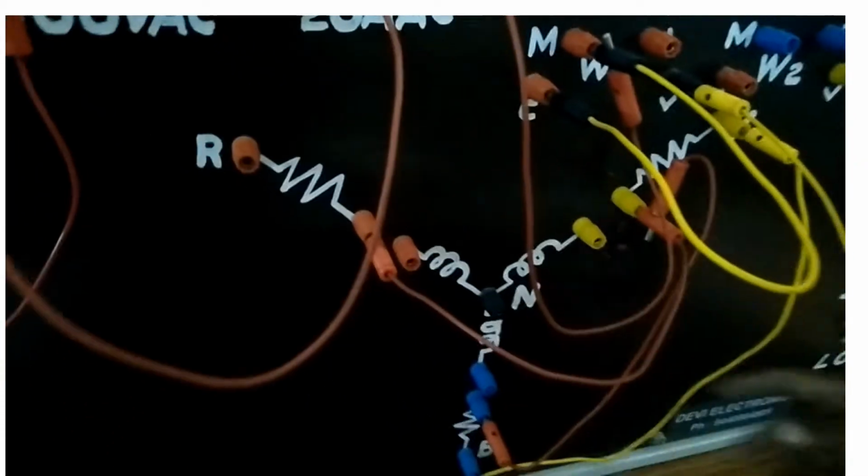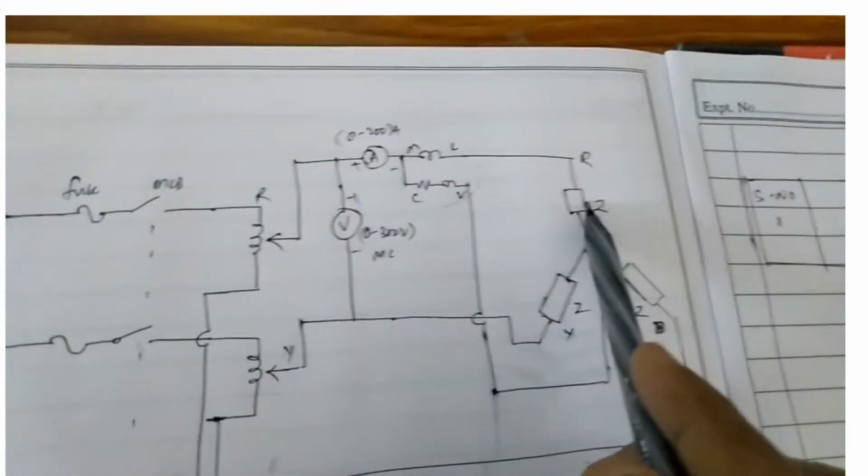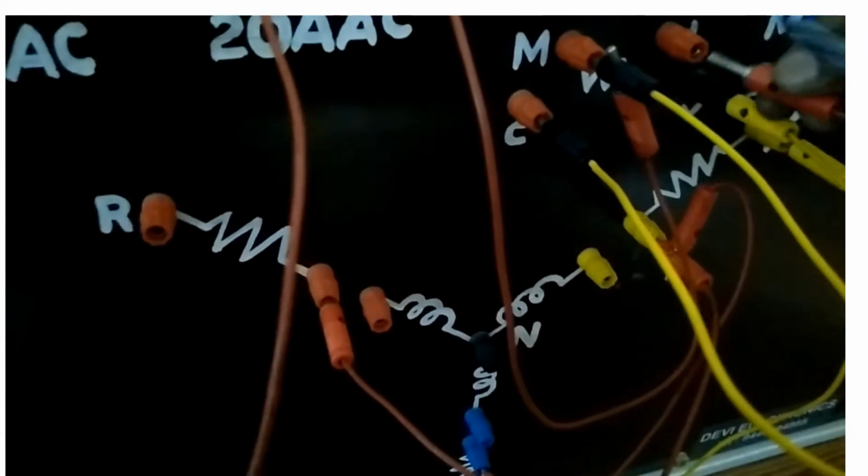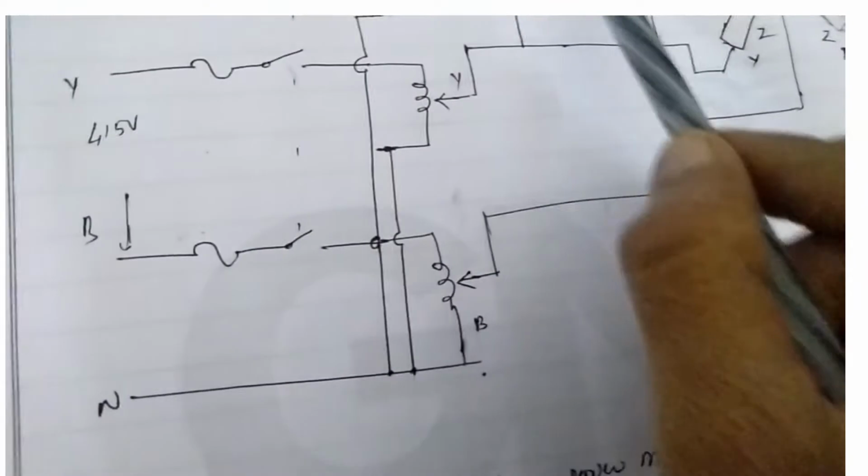Neutral connected. Next, the remaining terminal is L, which is connected to the R phase. So here this is the R phase, and L is connected to it. This branch is over.